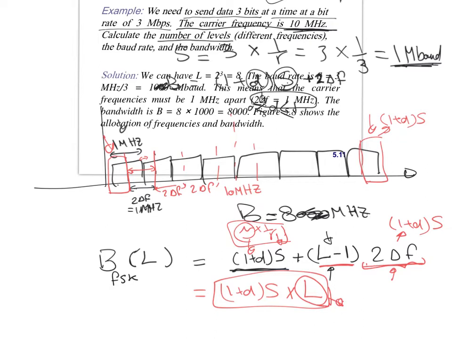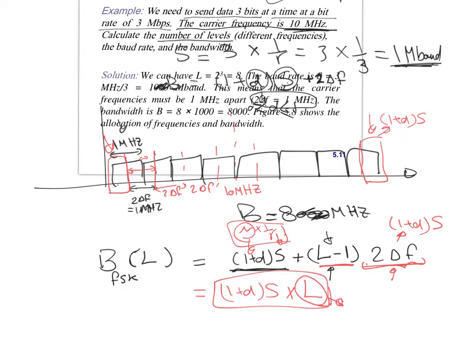For ASK, we were able to be more bandwidth efficient by increasing the value of R. But here, we cannot do that, because if we increase the value of L, we transfer more symbols, and more symbols means more frequencies, and the bandwidth becomes bigger and bigger.